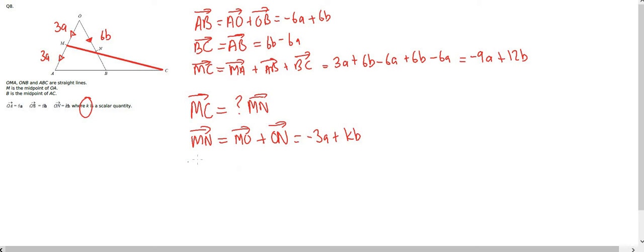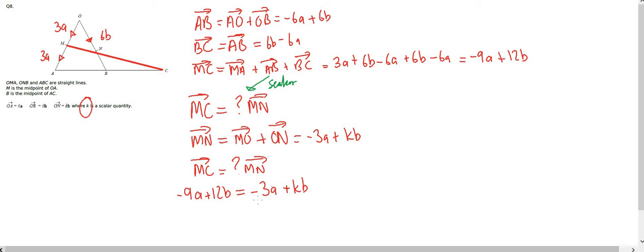So now, let's go back to this. We want MC to be equal to something times MN. MC works out as minus 9a plus 12b, and MN is minus 3a plus kb. Remember, we're looking for a scalar that we can multiply the vector MN by to get the vector MC.